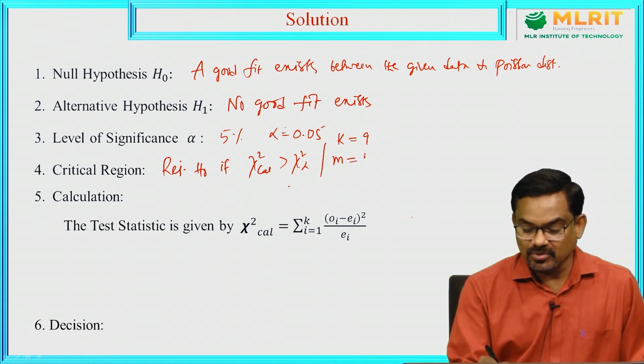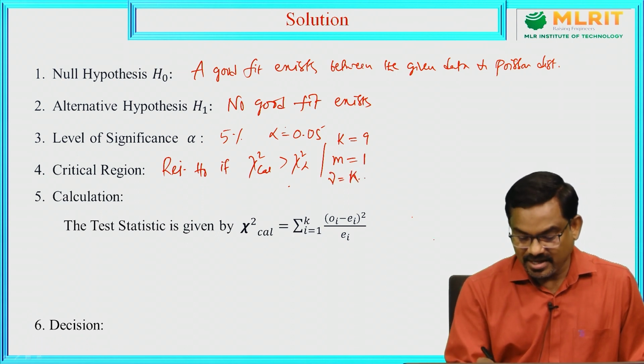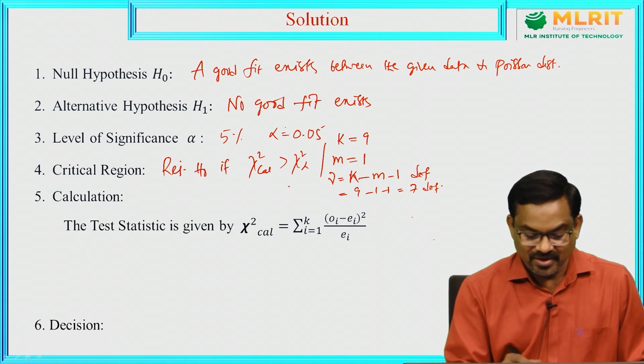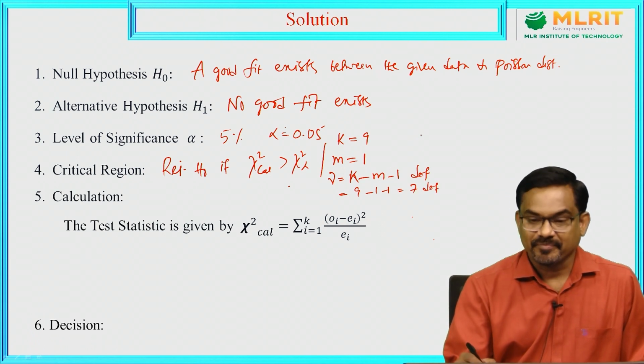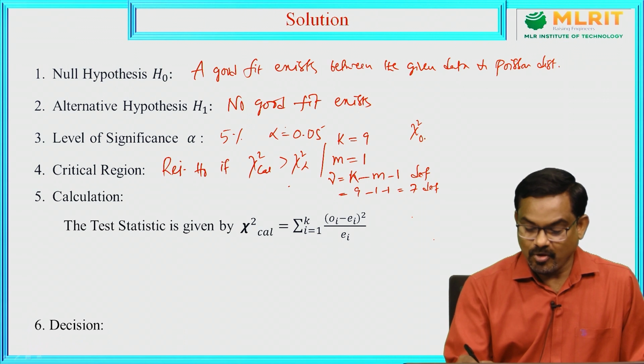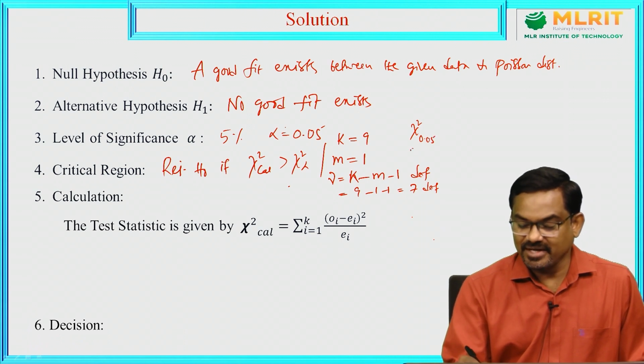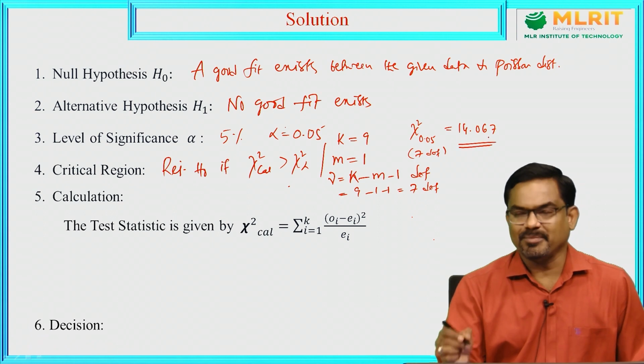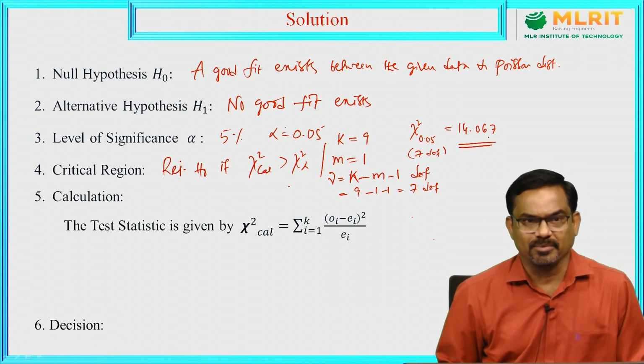So m equals 1, and hence the degrees of freedom nu is k minus m minus 1. So k is 9, 9 minus 1 minus 1, which is 7 degrees of freedom. From the chi-square table, chi-square 0.05 for 7 degrees of freedom is 14.067. This can be obtained from the chi-square distribution table.